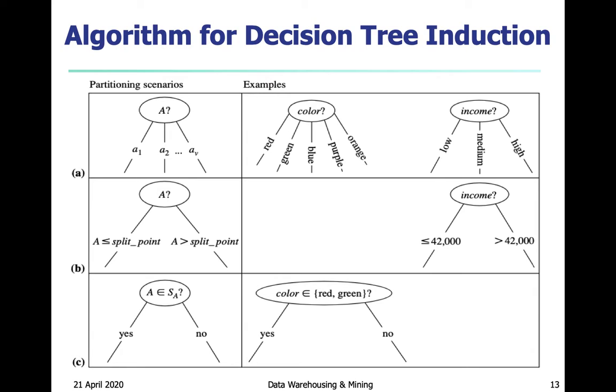In this case, the outcomes of the test at node n correspond directly to the known values of A, so a branch is created for each known value. Partition Dj is the subset of class-labeled tuples in D having the value Aj of A. It means we are partitioning according to each branch.